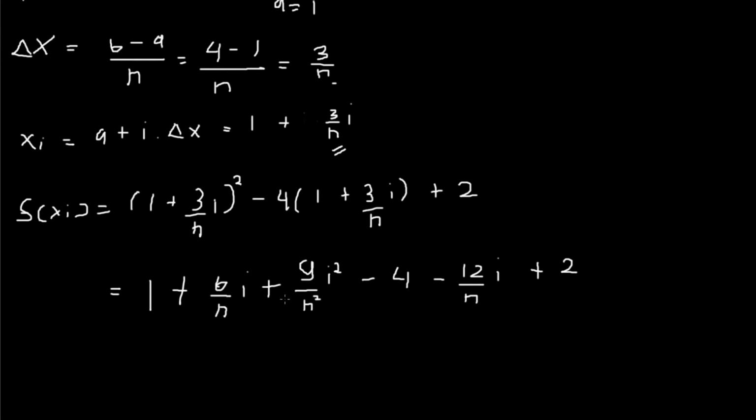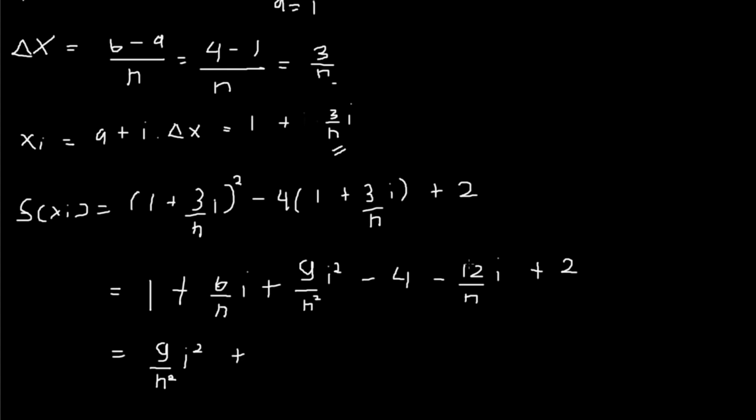So now we're going to simplify this further. We have our 9 per n squared, so we're just going to put that at the front, n squared i to the power of 2.